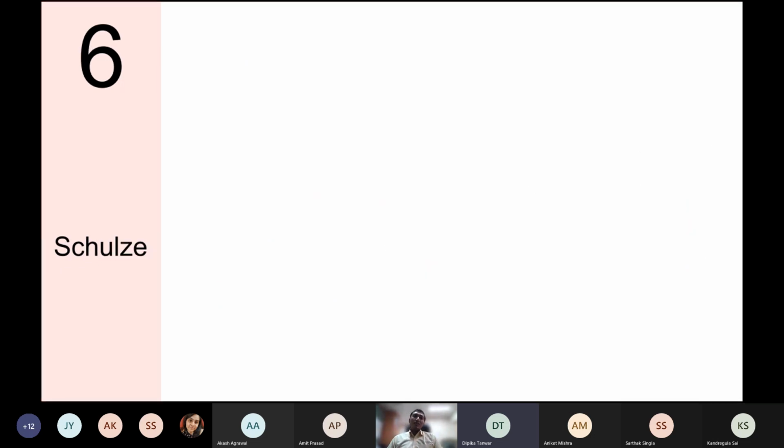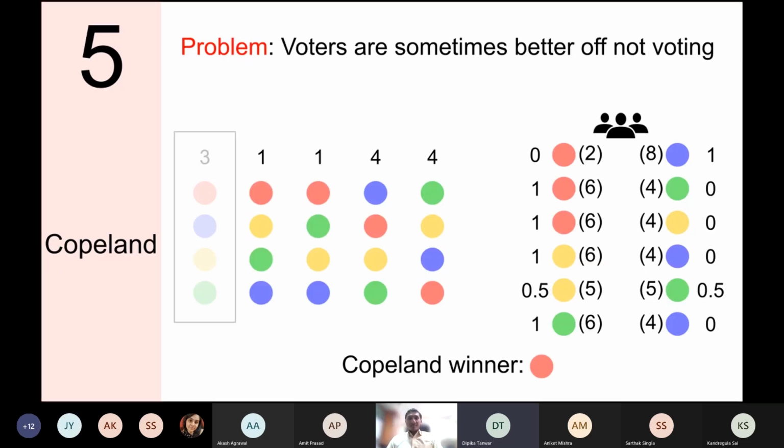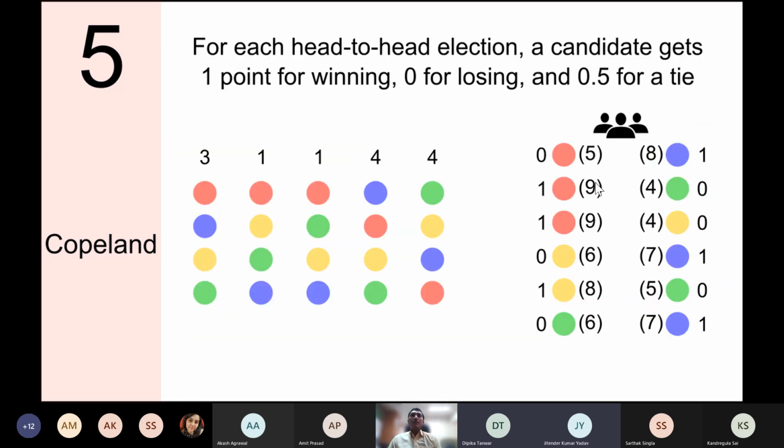Here's the final voting rule for the day. Excuse me, sir. Yes. Sir, like that transitivity problem you mentioned in the previous one. Doesn't that still hold for this Copeland rule? In what sense? Like if we just go back to that slide.